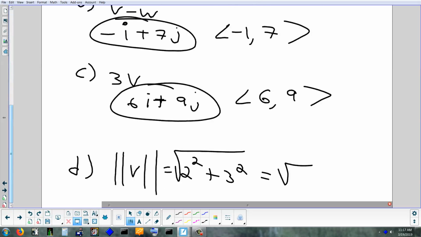And that's going to give me the square root of how much? 13. Yeah. 9 plus 4. Perfect. 13. Just like always with square roots, if that came out to like square root of 20, you would want to reduce it as much as you could. But 13 is prime, so there's no reducing that.